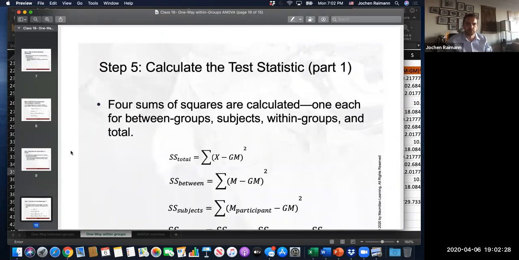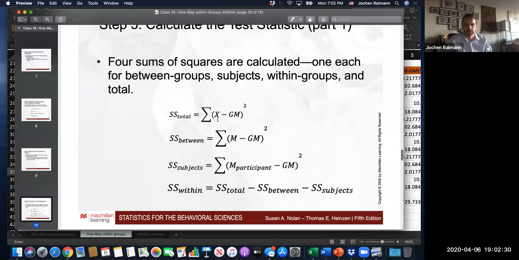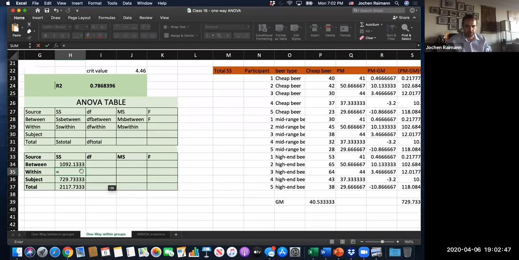You get x minus the grand mean, you get the group mean minus the grand mean, you get the participant mean minus the grand mean, and you get sum of square total minus sum of square between minus sum of square subjects equals sum of square within. That's total minus everything else. And I'm flagging this for the finals. Know how to fill those blanks.